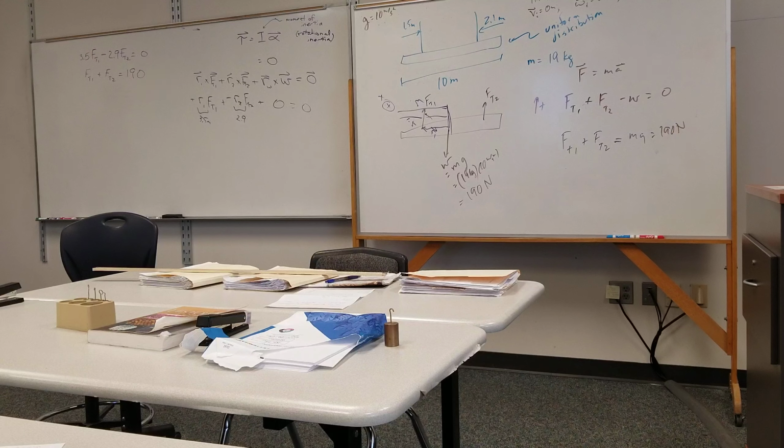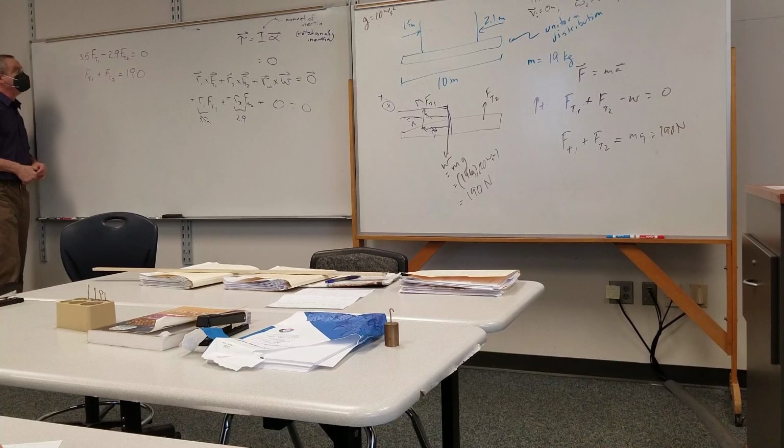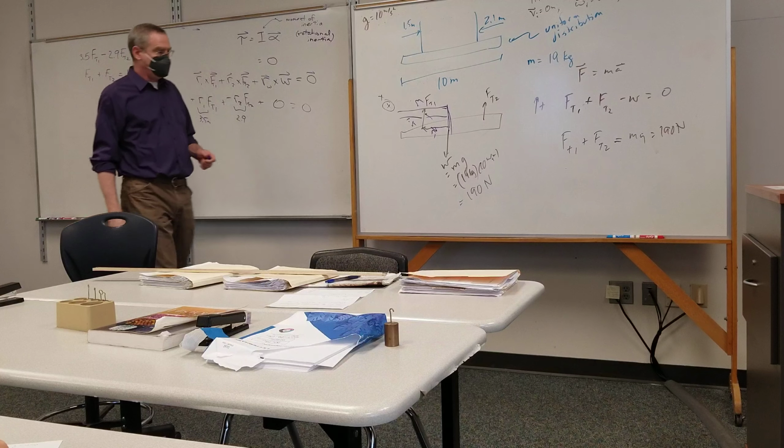Two equations, two unknowns. At this point, there's probably 10 different ways of solving it, at least. I don't know what your personal preference is. I am just going to multiply that bottom equation by 2.9.